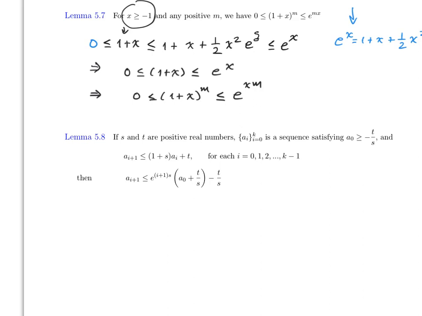Okay, so how do we prove that? So here is the proof.